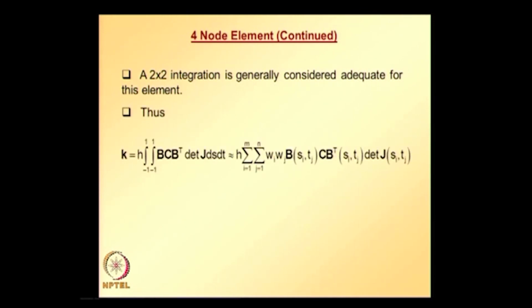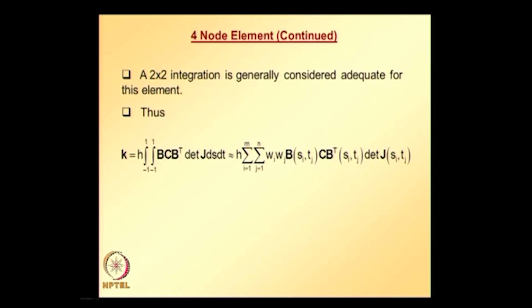and so the element stiffness matrix can be approximated by taking 2 integration points along the S direction and 2 integration points along the T direction, and the weight at each integration point is the weight in the S direction times the weight in the T direction. We evaluate all the quantities in the integrand at these integration points, multiply the integrand value at each integration point with the corresponding weight, and sum up the contribution from all the integration points.